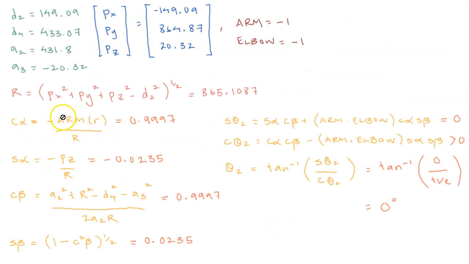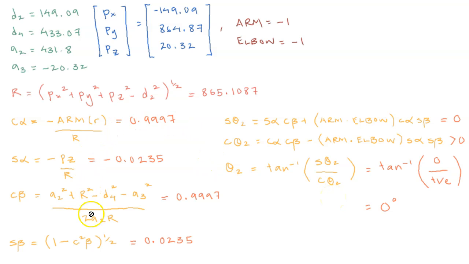Alright, next question, theta 2. These are the equations for theta 2, with some of the terms that we have to find in order to compute theta 2. We have to compute R, cos alpha, sin alpha, cos beta, sin beta, and then sin theta 2, cos theta 2, and finally theta 2 equals arctangent of sin theta 2 over cos theta 2.